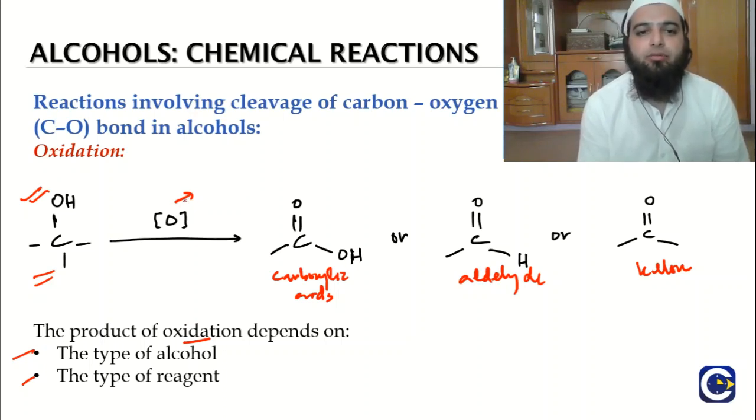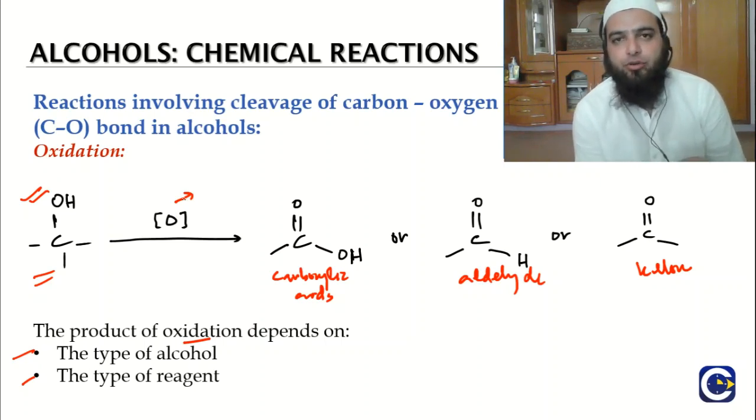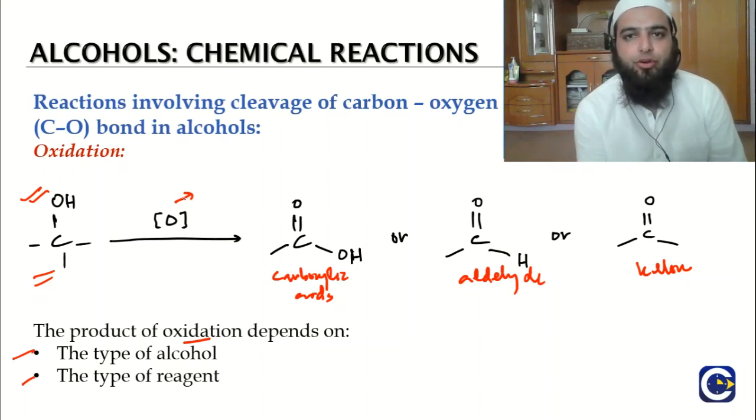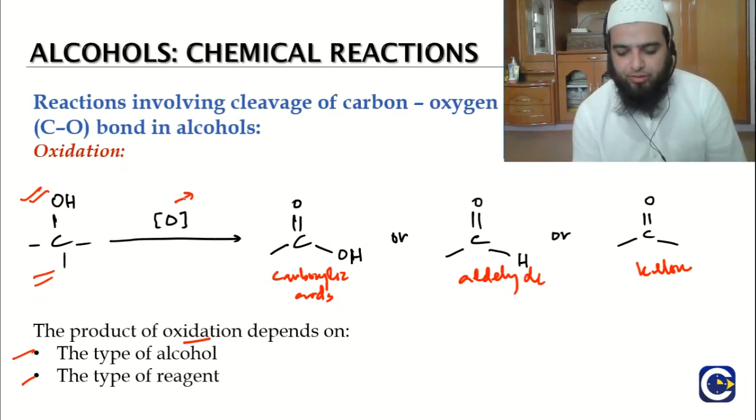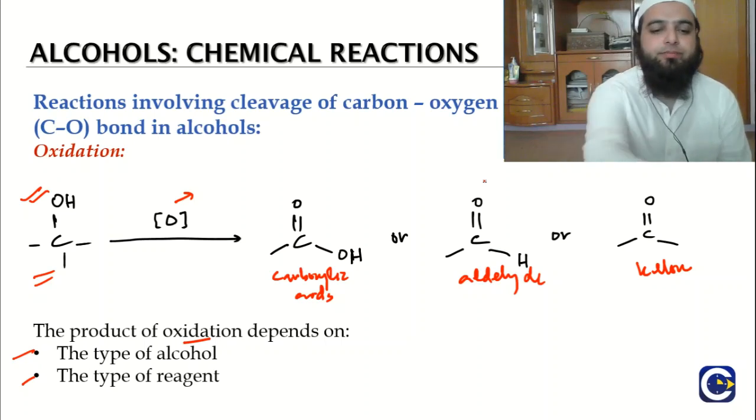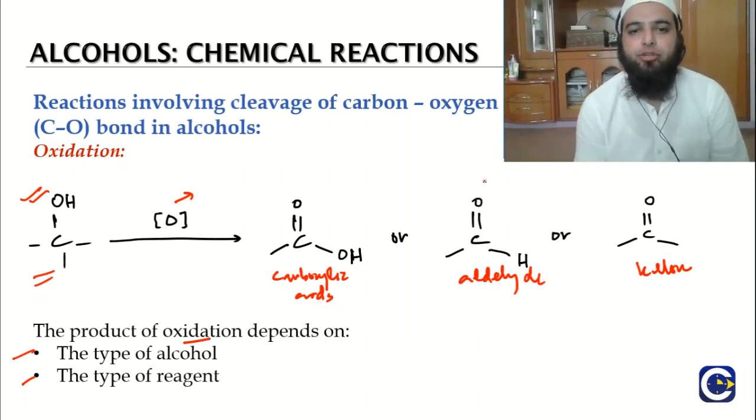We have a wide variety of oxidizing agents for the oxidation of alcohols, and the type of reagent also governs the formation of the product. We'll be individually discussing both factors in the coming slides.